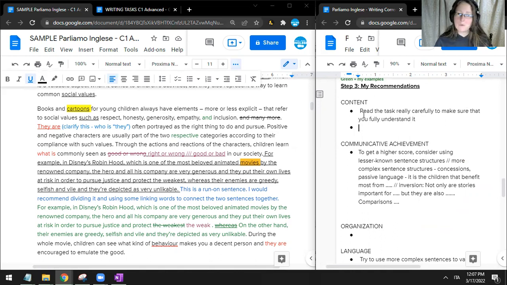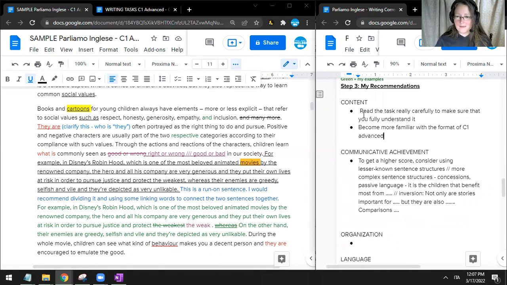So I think just becoming more familiar with the format of C1 advanced essays will help you. Because it's obvious your biggest problem here is just that you did not get everything you needed done. So this is a really simple fix.